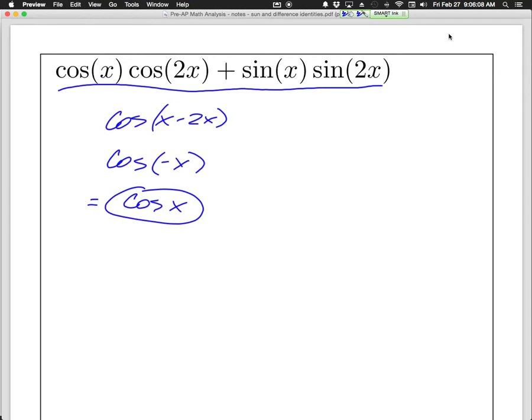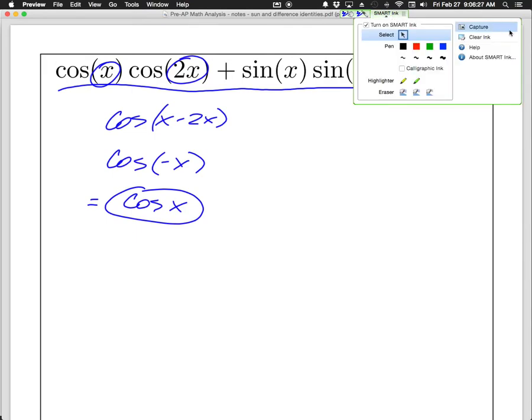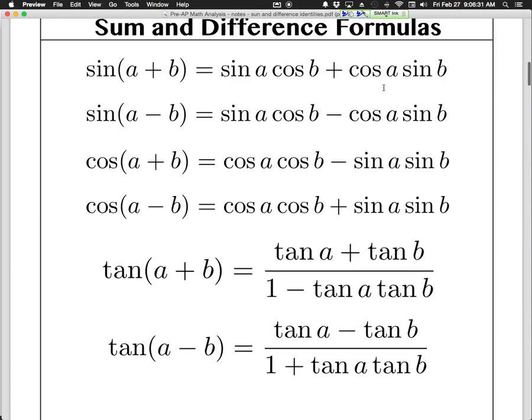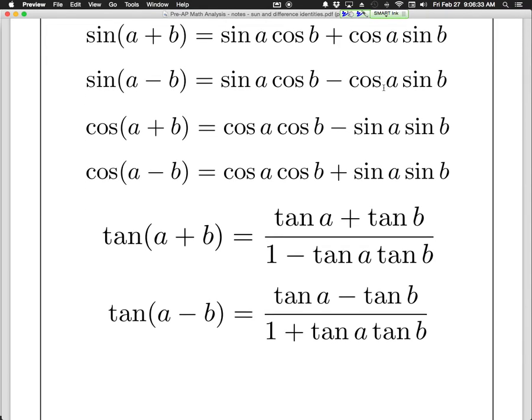How did you get the other x to go away? With x and 2x, that's what happens, and that's the rule of cosine and secant. What about sine? I'm glad you mentioned that. Usually somebody does. But if I go back to the beginning, I've got this is equal to that.